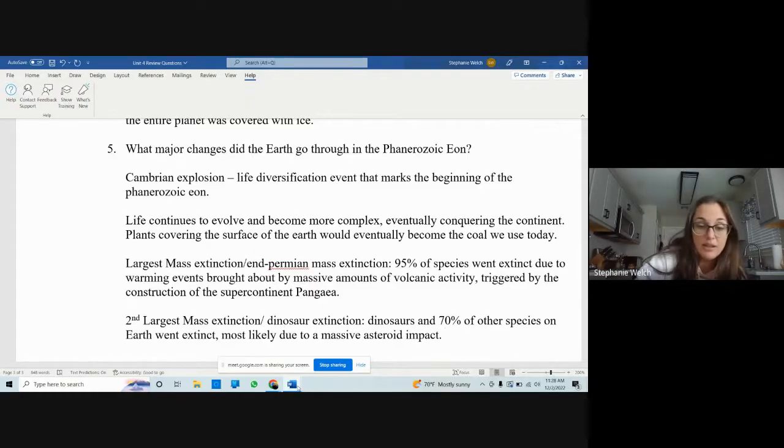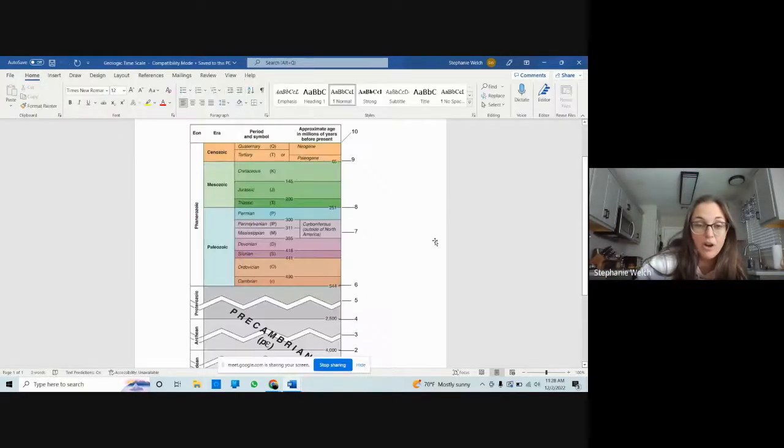So then the life that takes over are the survivors of this mass extinction of number 9 here. And so the life that would evolve to conquer the earth after this would evolve into flowering plants, grasses, mammals, and birds. These would be the modern organisms that I think of when I think about the Cenozoic.